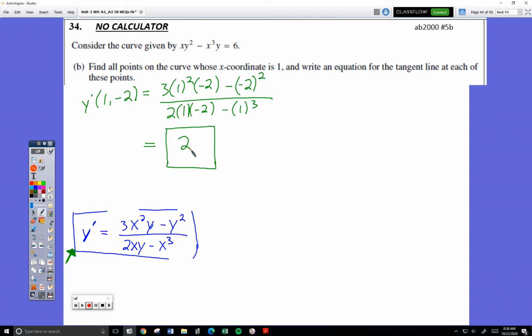So that means we have a curve. Curve has a point at 1, -2. There's a line tangent to that curve.